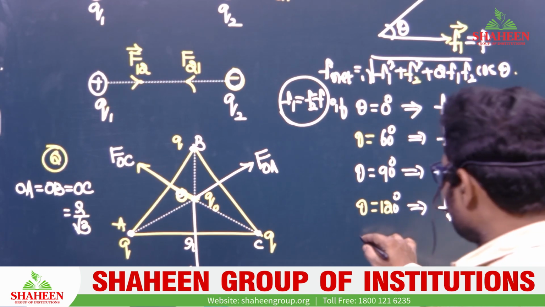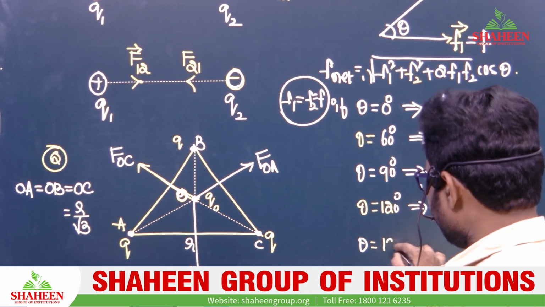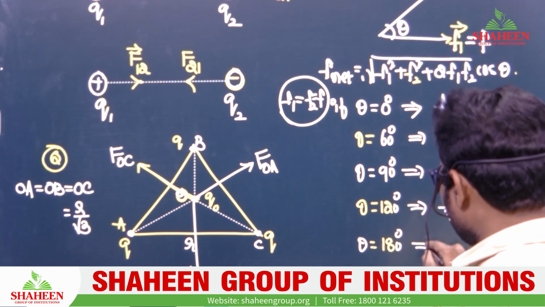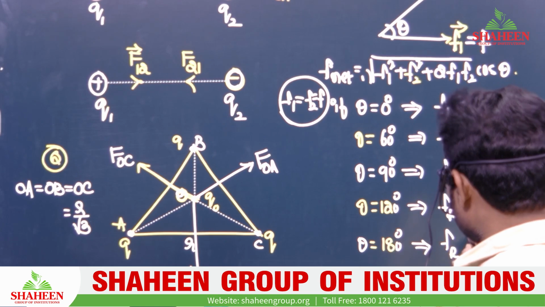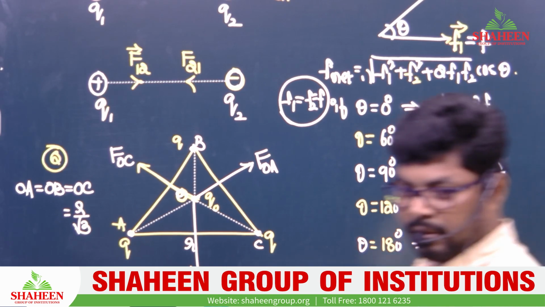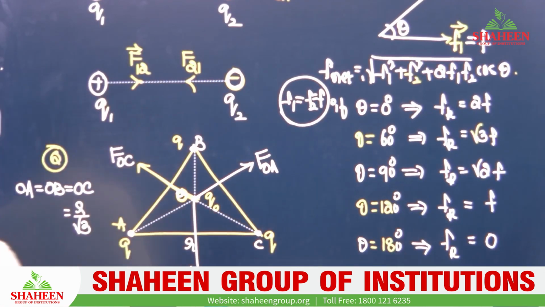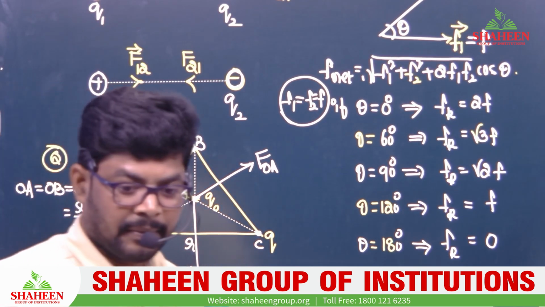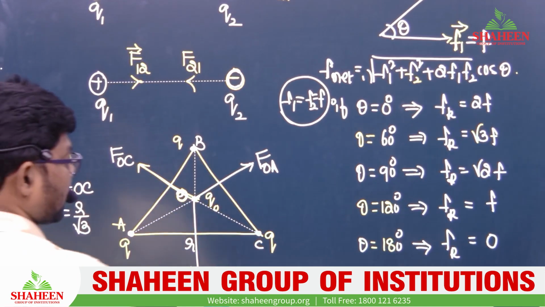If theta is equal to 180 degrees, the resultant force is 0. It is the vector notation, the parallelogram law. Right? Let us go for, now solve this question.